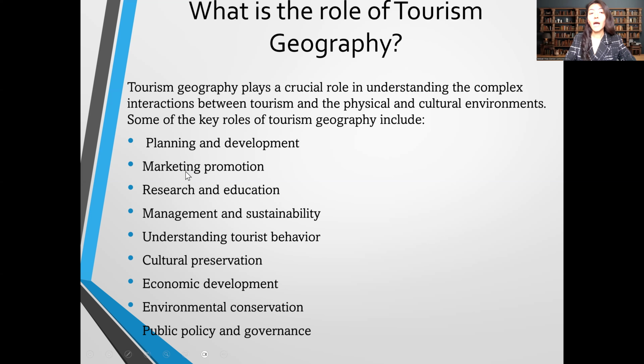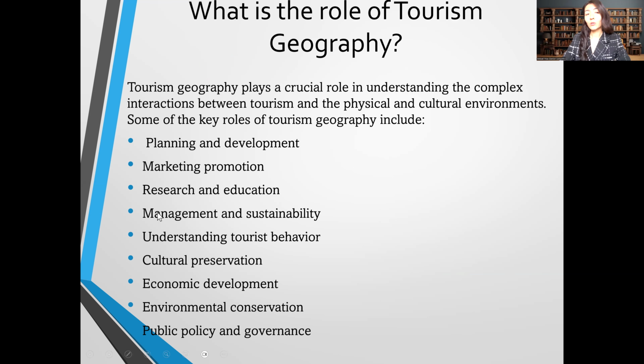First, planning and development, which is important to the development of tourism in any destination. And also marketing and promotion, which is really important for every destination. That's why before creating tour products, we should think carefully, plan and develop how we create and how we promote this tour product.